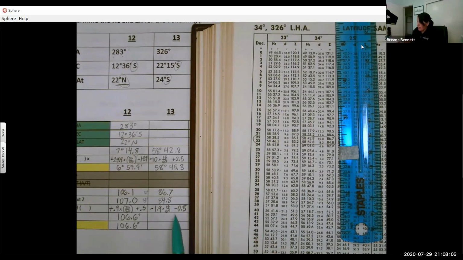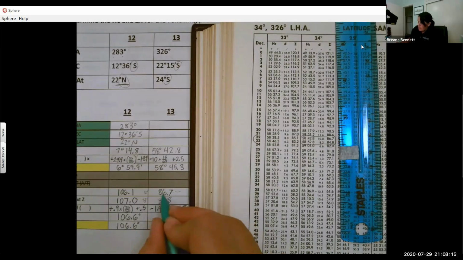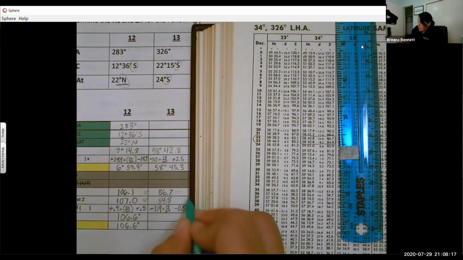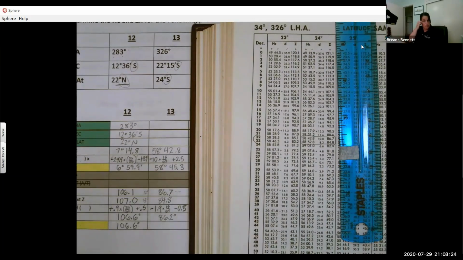So I subtract that from, because this was my 22 and this was my 23, I subtract that from my 22. So 86.7 minus 0.5 gives me 86.2 degrees. And that is my Z.